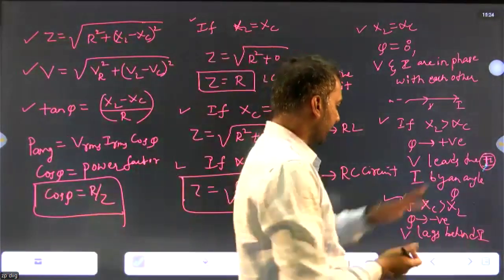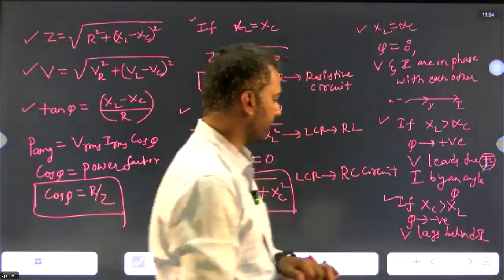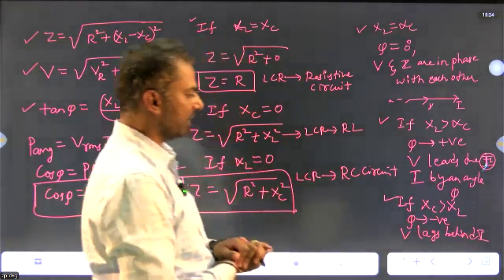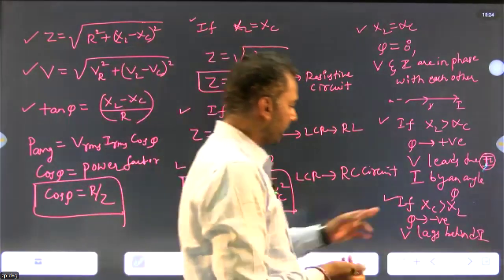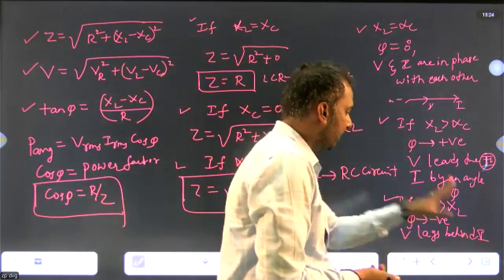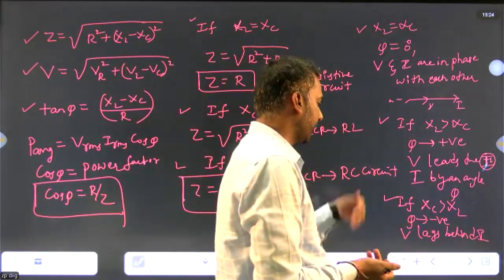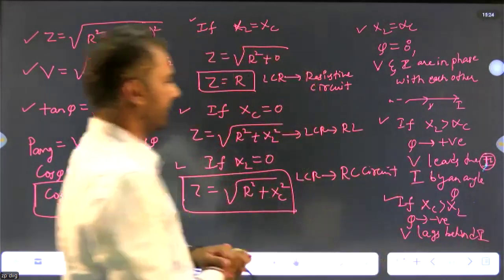If XC is greater than XL, phi will be negative, the phase angle between current and voltage is negative. Then voltage lags behind the current, or current leads the voltage by an angle phi.